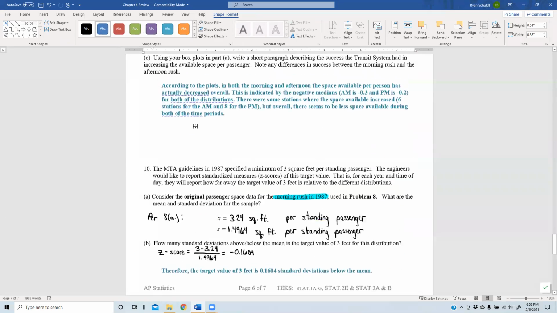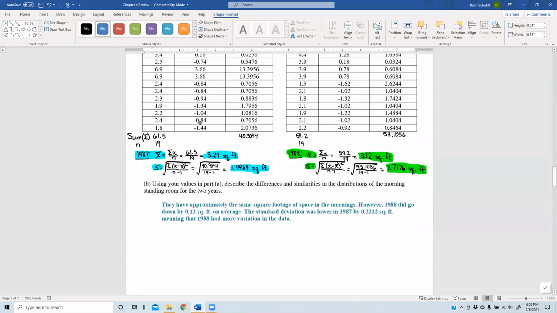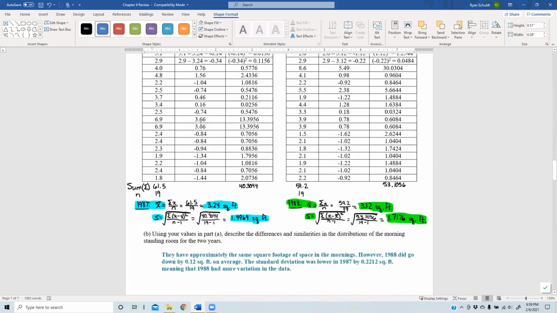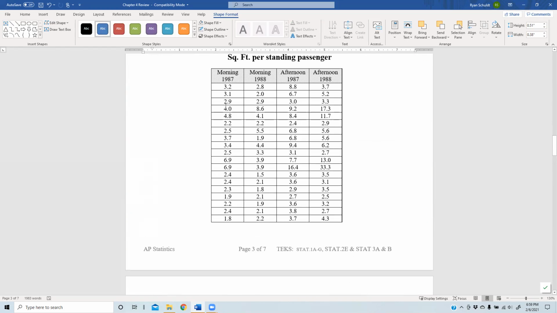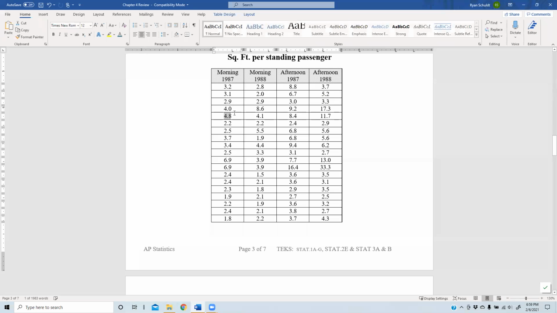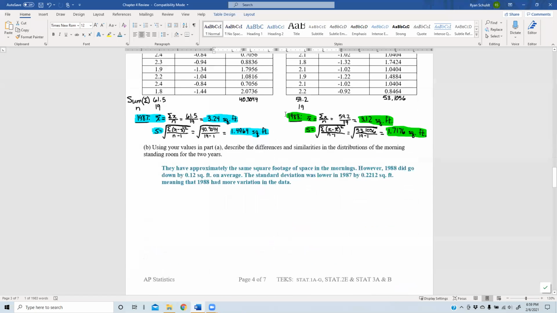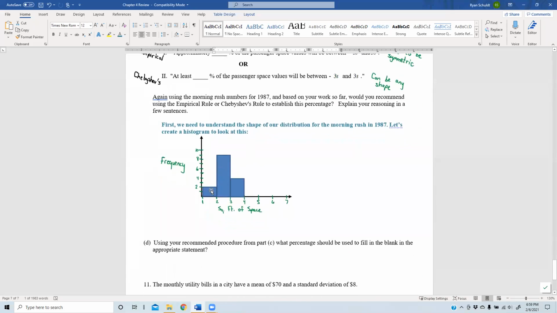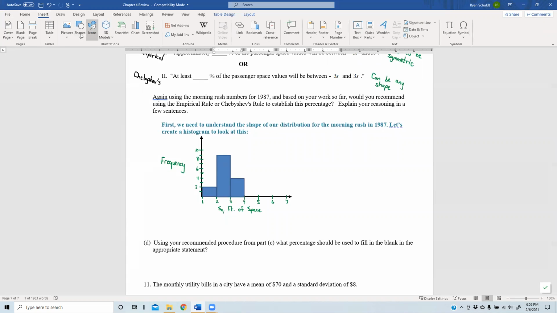Okay, now 4 to 5. Whoa, I went way too far. 4 to 5. 1, 2. I only see 2 from 4 to 5. So insert shape. Let's do 2.